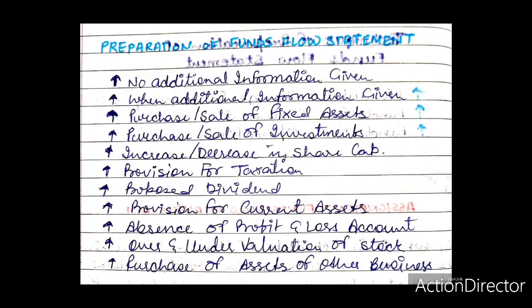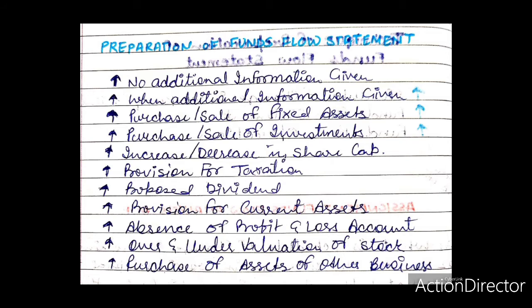Similarly, the profit disclosed by P&L account may not be the real profit from business operation, as it may include non-fund items like depreciation or gain or loss on sale of fixed assets. Therefore, if such additional information is provided in addition to these two balance sheets, it is essential to incorporate it while preparing funds flow statement.